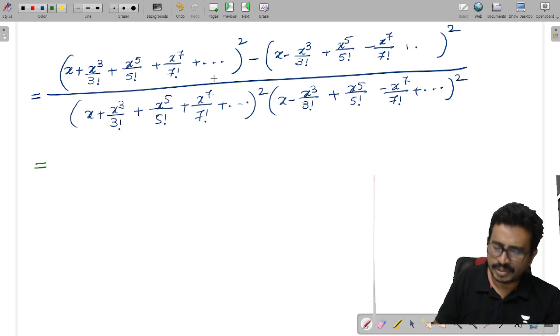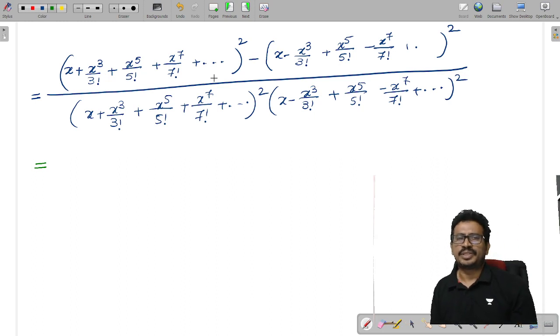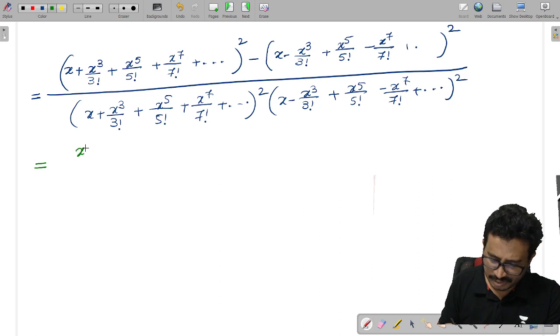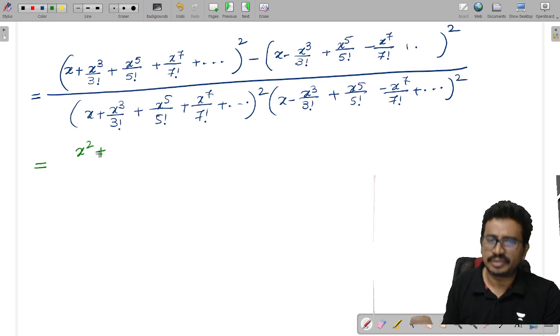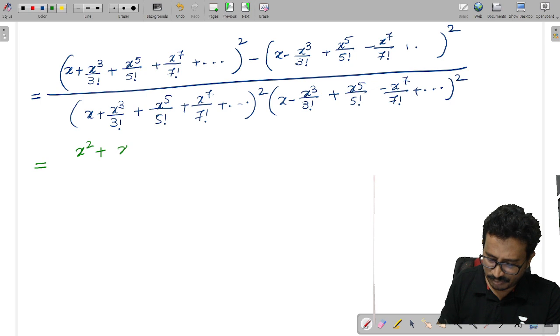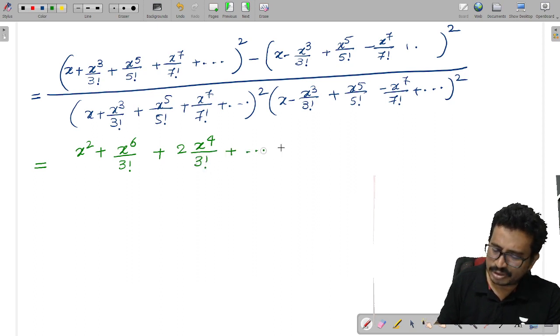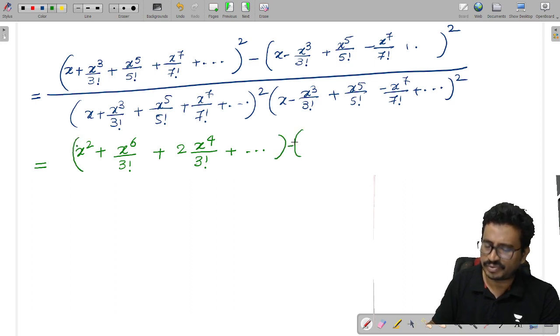Now this expansion is in the form of a plus b plus c plus d and so on, whole square. Definitely there we have a square, this term will come now. Next, b square is also there, and somewhere we have 2ab also. 2ab means 2 into x power 4 by 3 factorial, and of course we have so many other terms also, but those we don't require, you can see why.